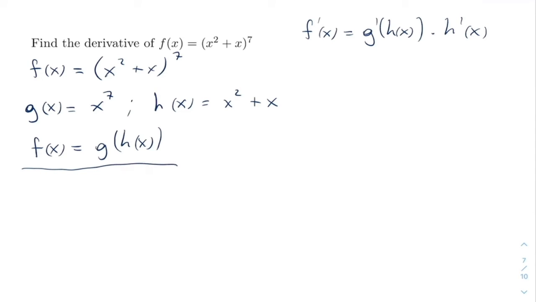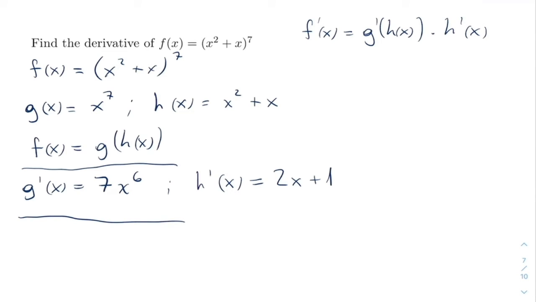Now remember, the second step is to find the derivatives of these functions. So the derivative of g is 7 times x to the 6, and the derivative of h is 2x plus 1. This is simply using the formulas from the previous videos.